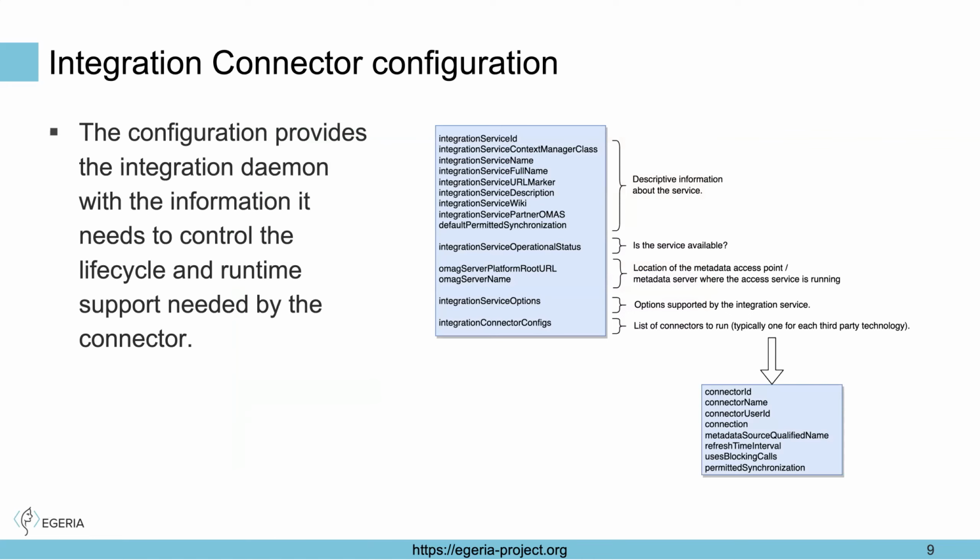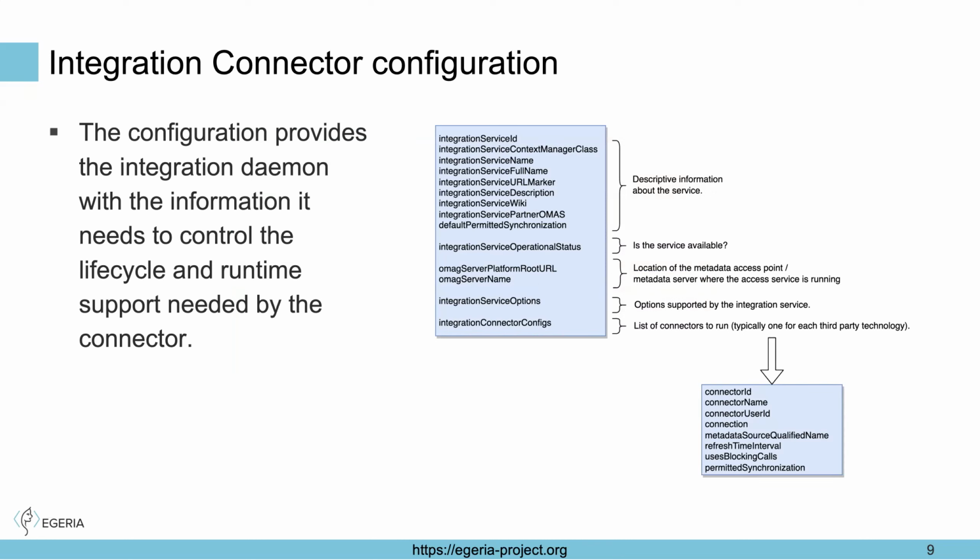And so the integration daemon, when it starts up, it gets a list of which integration services to start. And then within that integration service configuration is a list of the integration connectors to start. So you've got an array of integration services, and then within that, an array of connectors.